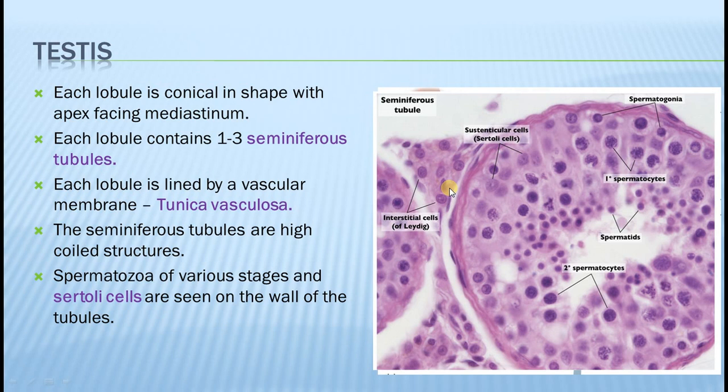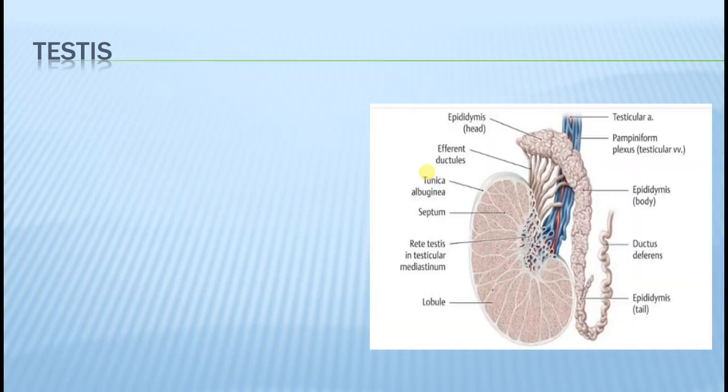It is under the influence of ICSH, interstitial cell stimulating hormone. So interstitial cells of Leydig synthesize the testosterone. Apart from that, you have blood vessels, lymphatics, nerves, all in the testicular interstitium. Okay, so that contains the Leydig cells.